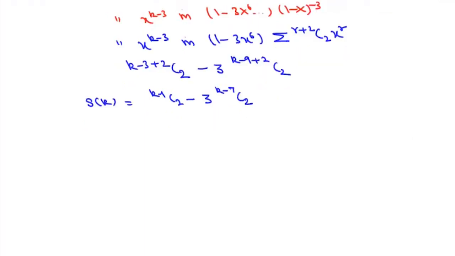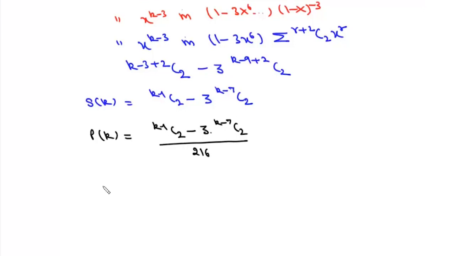Now we need to find the probability that this sum is k. So this probability will be given by k minus 1 C 2 minus 3 into k minus 7 C 2 divided by the total choices, and that will be 6 into 6 into 6, and that is 216.